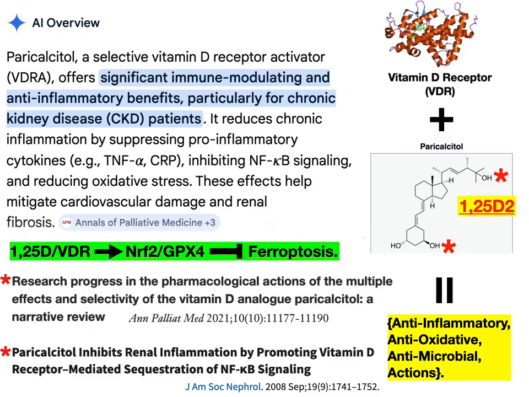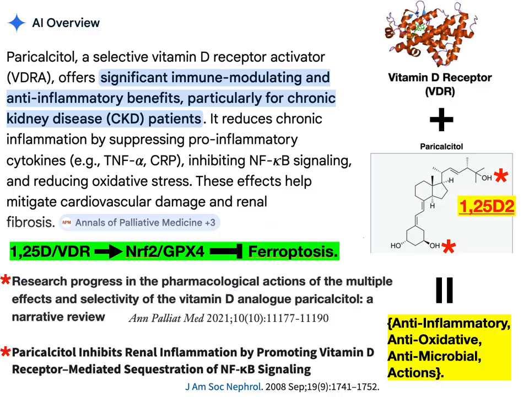Paricalcitol is a selective vitamin D receptor activator, which offers significant immune modulating and anti-inflammatory benefits, particularly for chronic kidney disease patients, CKD patients.